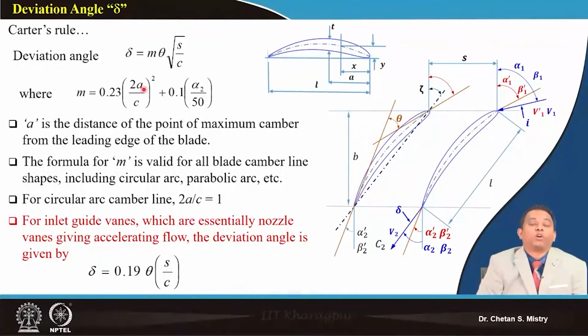Based on older available data from the cascade tunnel, people take this deviation angle as a first cut approximation. Now with the availability of computational tools, people are realizing what is happening near the trailing edge.